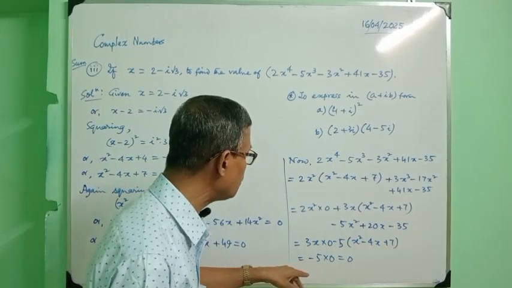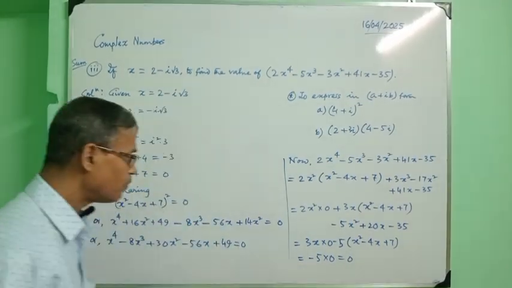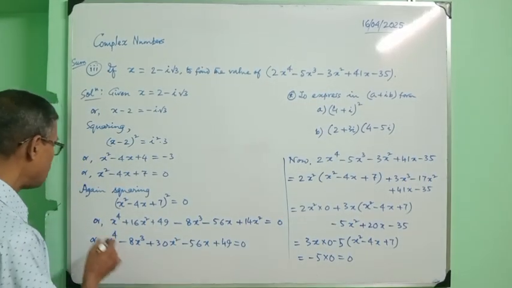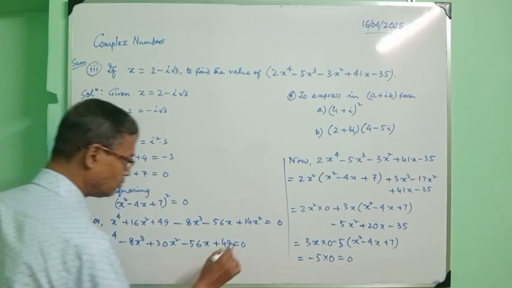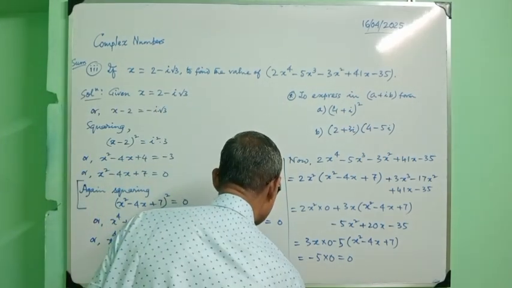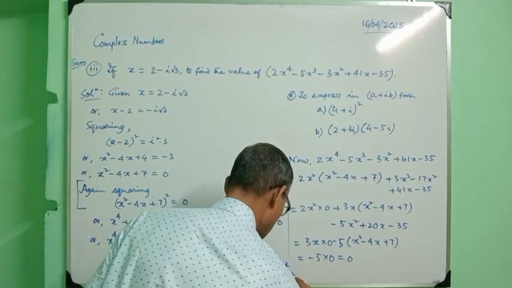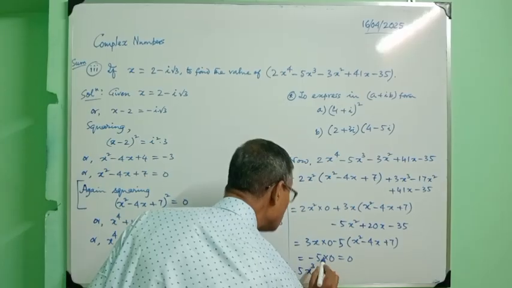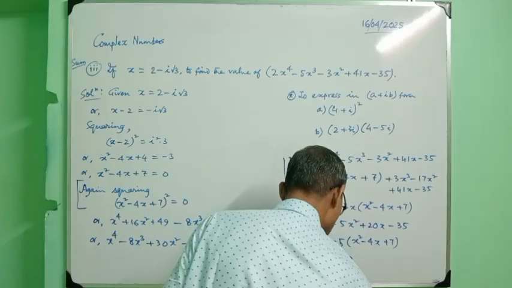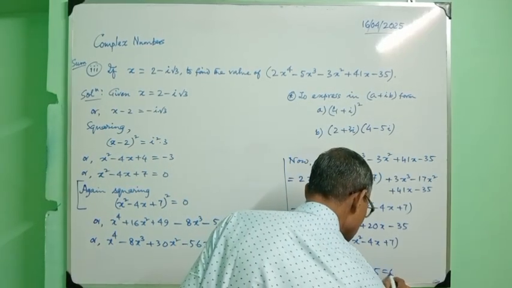I put that value and finally we get the result 0. Therefore, for this problem, this part is not required. Therefore, I write the final step like this: 2x to the power 4 minus 5x cube minus 3x square plus 41x minus 35 equal to 0. Answer.